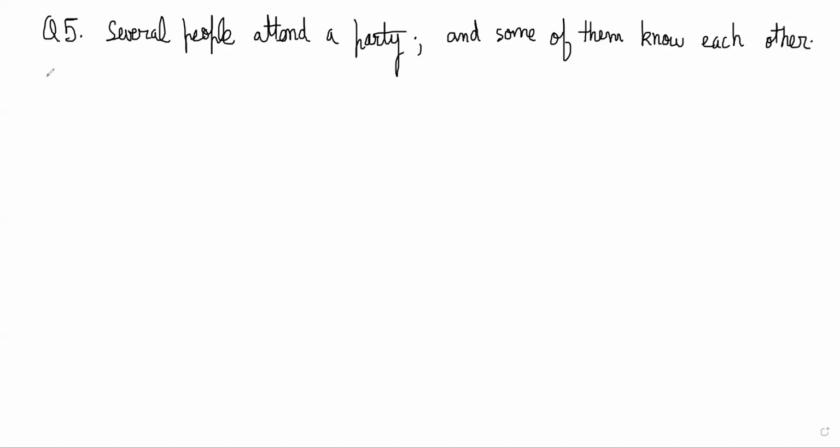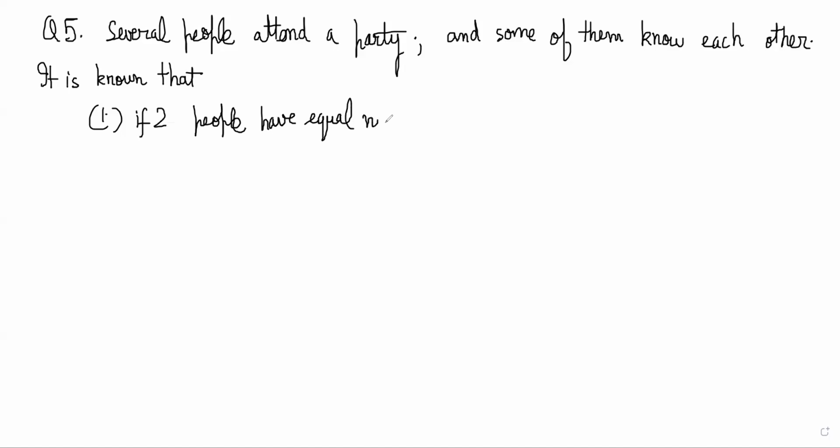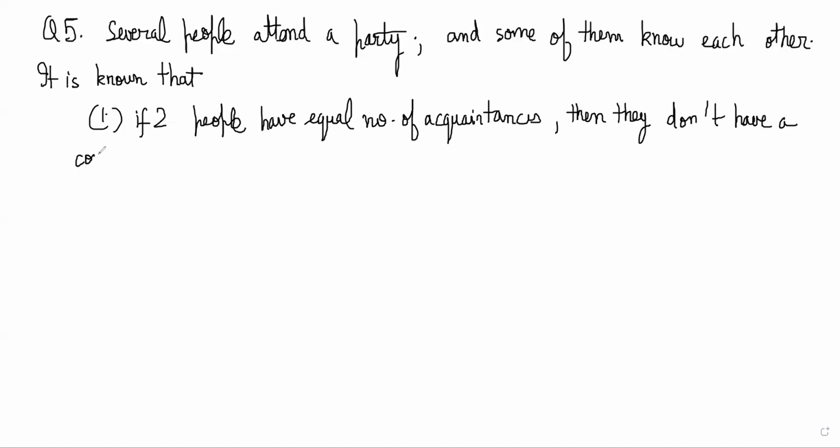It is known that, one, if two people have an equal number of acquaintances, then they don't have a common acquaintance.